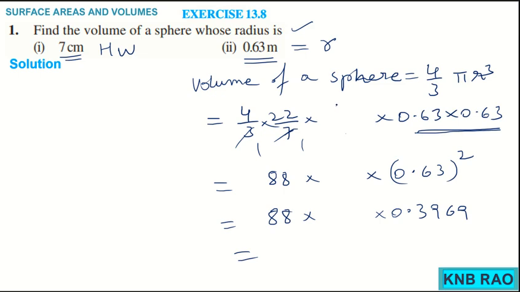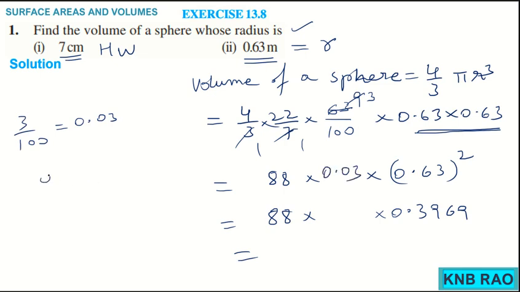See, this 0.63 I am writing as 63 by 100. Now anyway 7 cancels with this and this 3 cancels with this. Now what do we have here? 3 by 100. It is not 0.3, it is 0.03. Where did the mistake happen?